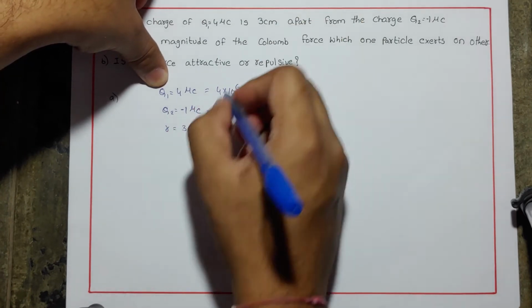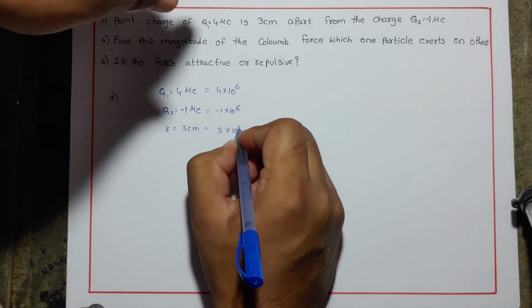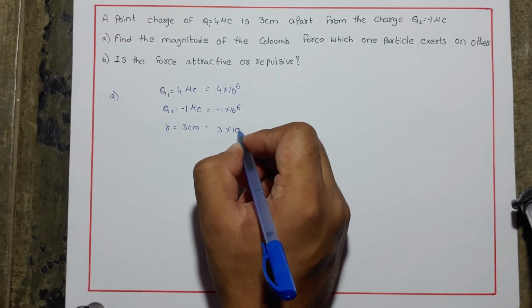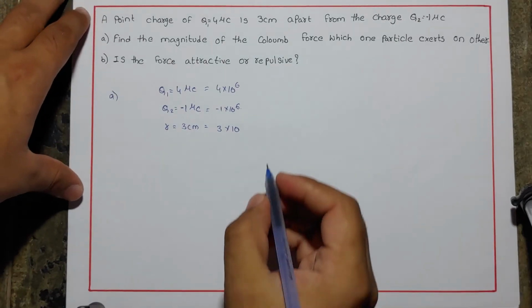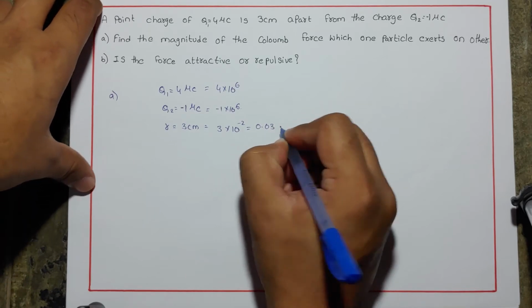We have to convert it into meters, which is 3 into 10 to the power of minus 2, equal to 0.03.